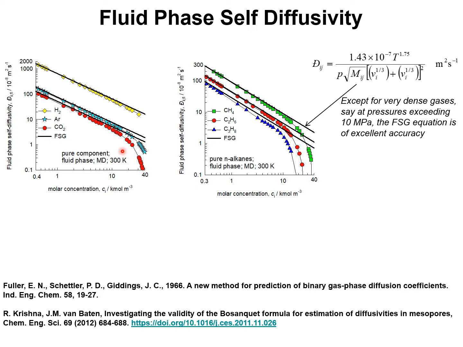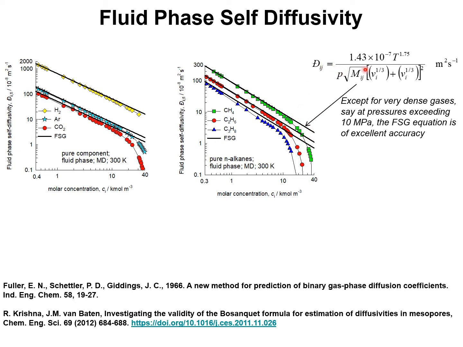For dilute gases with molar concentrations below about 10 kilomoles per cubic meter, the agreement of the kinetic gas theory to predict the diffusivity is very good.